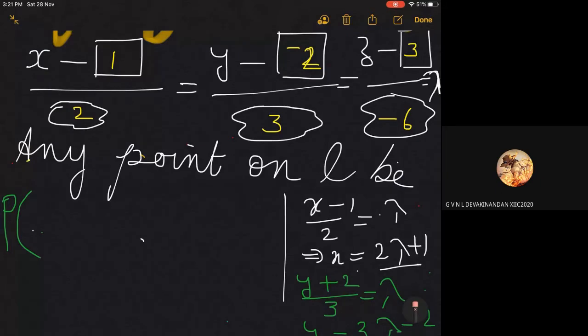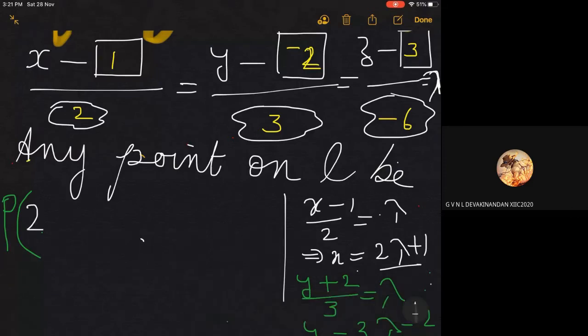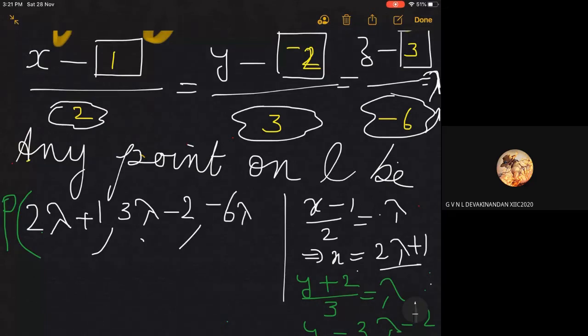So x equals 2 lambda plus 1, y is 3 lambda minus 2, and z is minus 6 lambda plus 3.